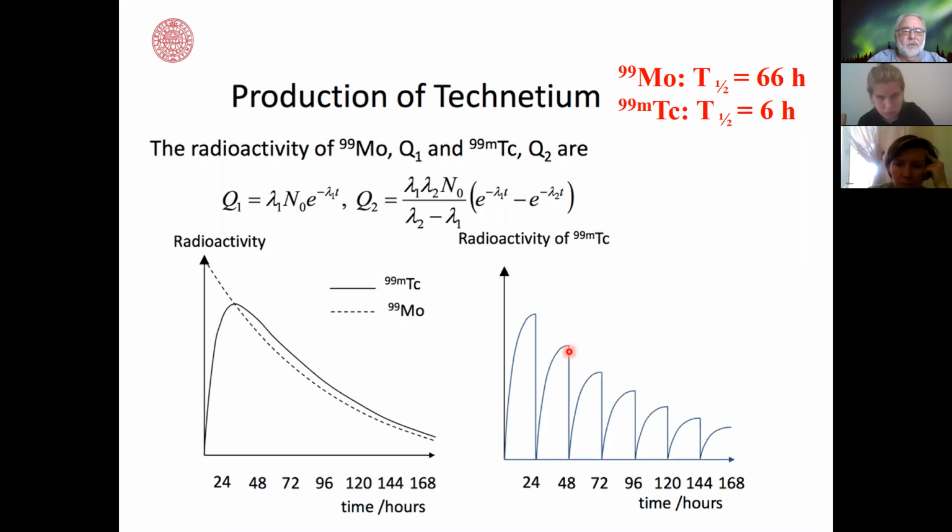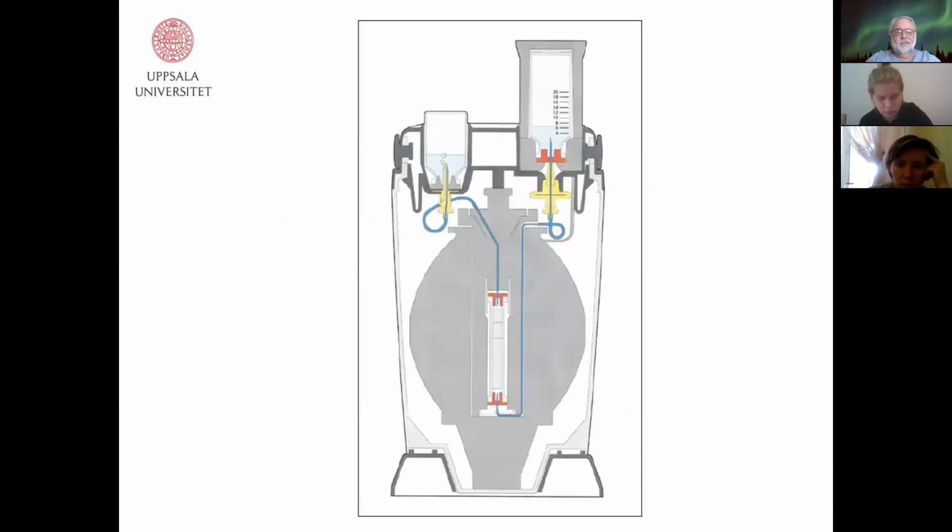So you could, in principle, have a mother nuclide as a source of the daughter nuclide. And importantly, this source is independent to a high extent on presence on site of cyclotron or reactor.